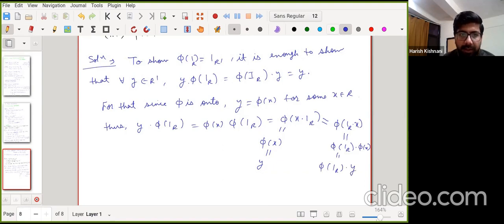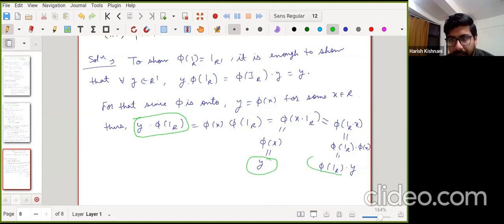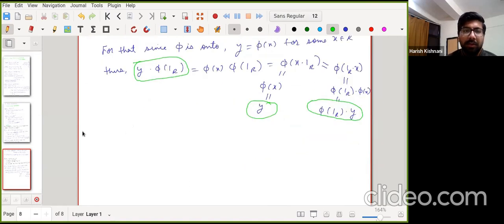So this element is the same as y, and this is also the same as phi of 1R dot y. And I'm not using the commutative part, so this is true for any ring. This all implies that phi is a ring homomorphism.